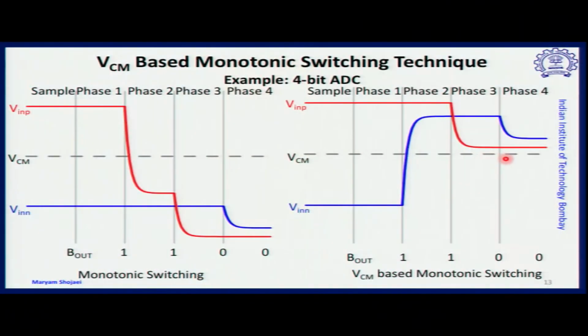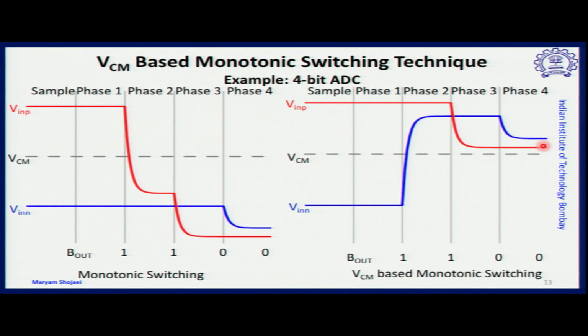And then the VinP side reduces, which is the positive terminal of the comparator. And then we will have another reduction which is monotonic only for VinN.